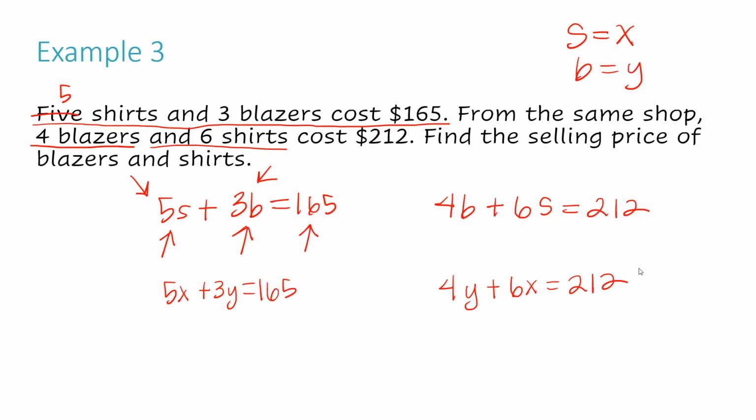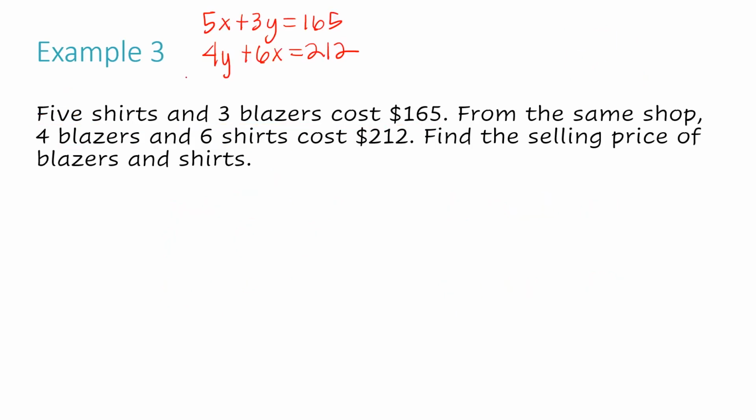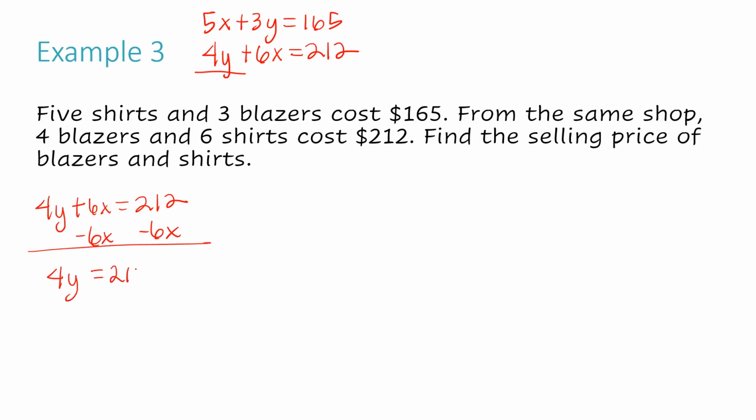Now I'm going to take these 2 equations and I'm going to solve them just like I did on the last 2 examples, okay? So how about I isolate this y? So I'm going to say 4y plus 6x equals 212. Move this over. 4y equals 212 minus 6x.